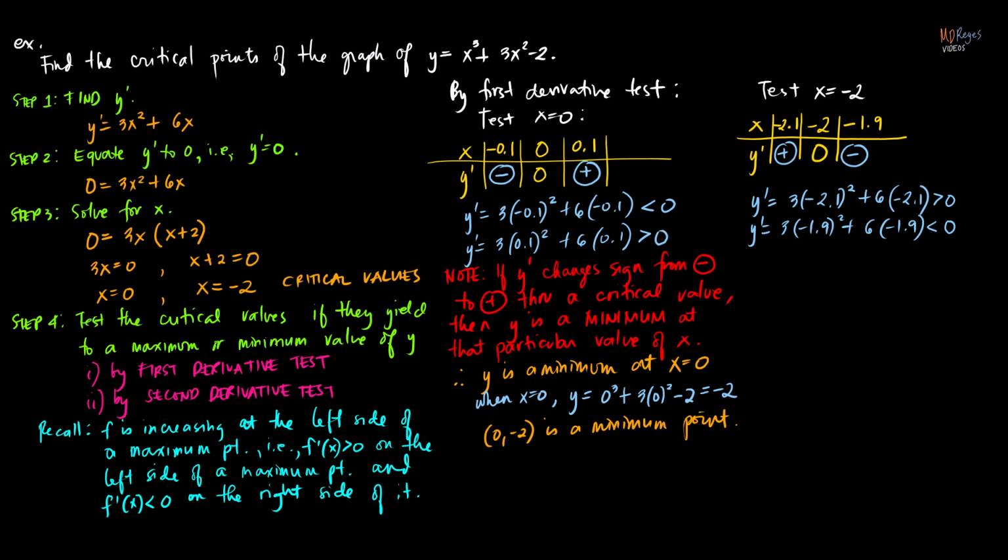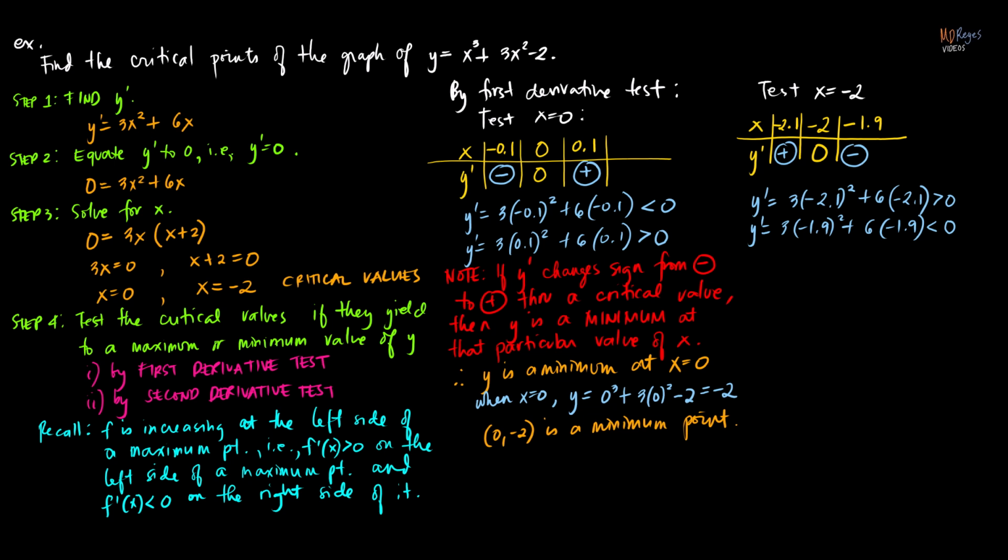Remember that on the left side of a maximum point, the tangent lines are all inclined to the right, therefore their slopes are all positive. And on the right side of a maximum point, all the tangent lines are inclined to the left, so therefore their slopes are all negative.